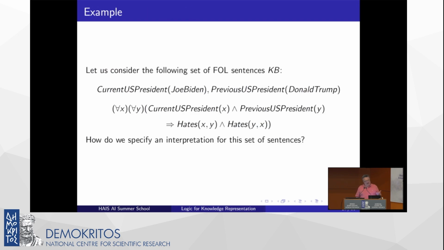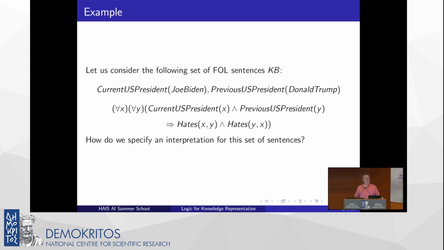So you might write, for example, current US President Joe Biden, previous US President Donald Trump, and then something like for all X, for all Y, if current US President X and previous US President Y, and I should have written an X different than Y, then hates X Y and hates Y X, okay?